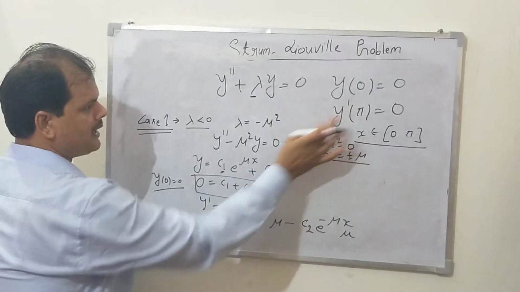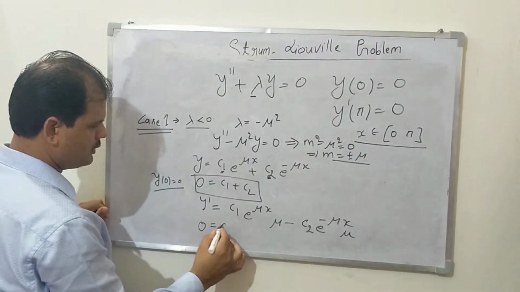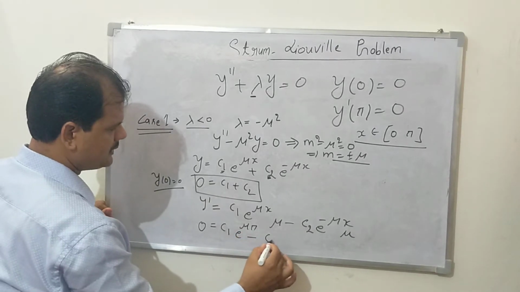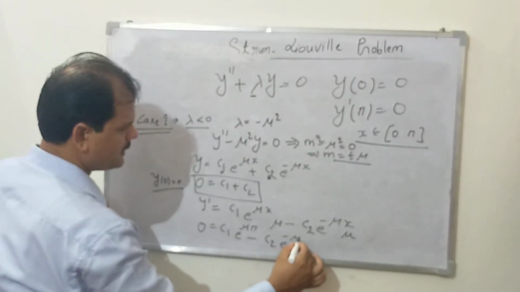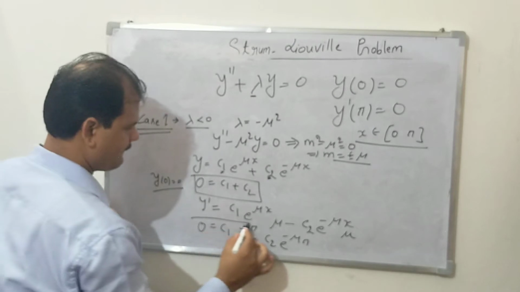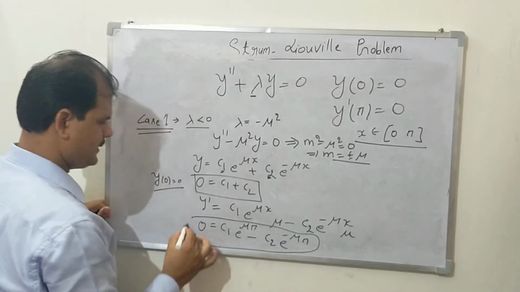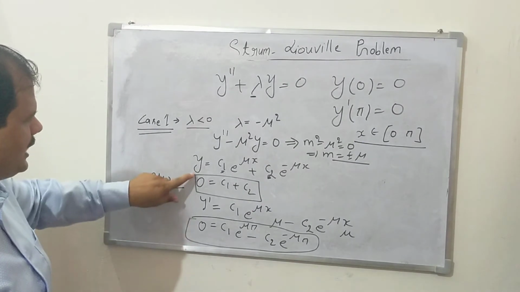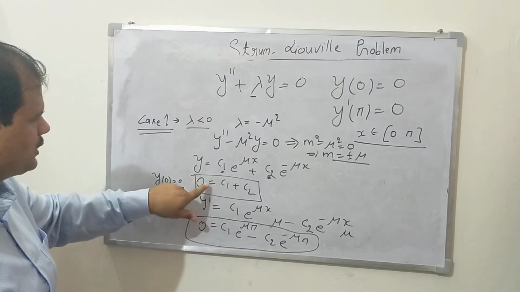At x equal to pi this is 0, so 0 equal to C1 mu e^(mu pi) minus C2 mu e^(-mu pi). This is the second equation between C1 and C2, and the first equation is C1 plus C2 equal to 0.